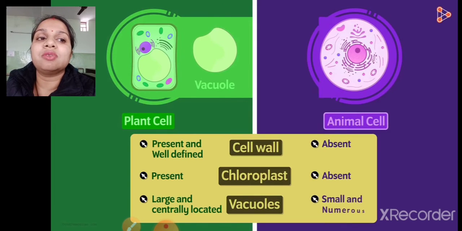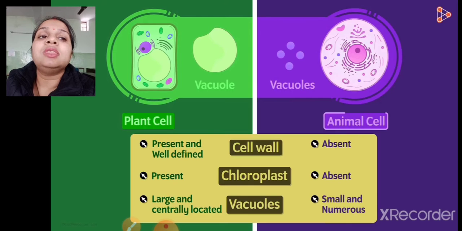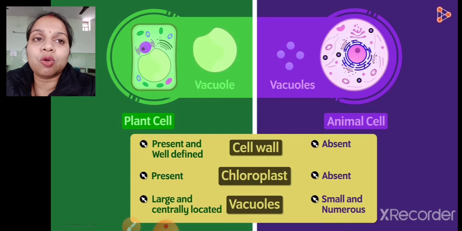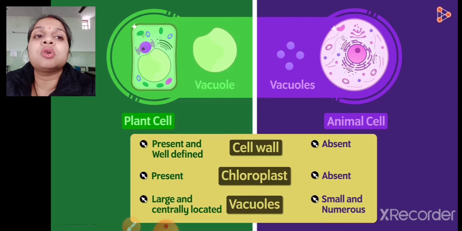Now vacuoles. The size of the vacuole is very large in a plant cell, but in an animal cell the vacuoles are very small and numerous, meaning a large number of small vacuoles are present. The size of the vacuole in a plant cell is very large because plants make their own food. The vacuole functions as storage of food, and the most storage of food is in the plant cell.